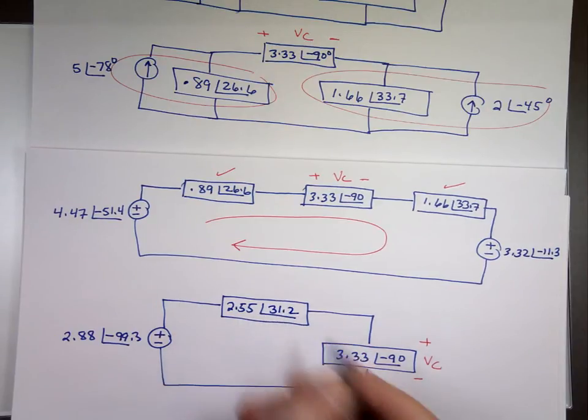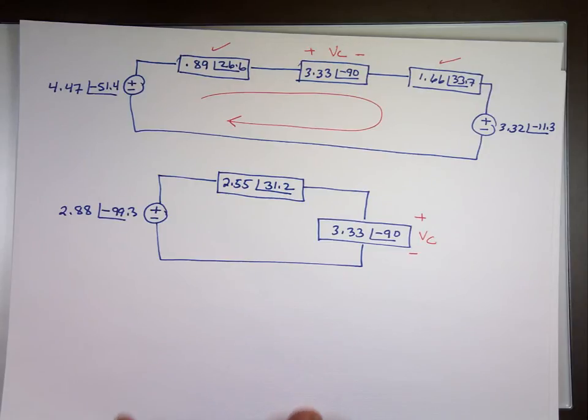And now if you want to find VC, what's the easiest way? Isn't it voltage division?